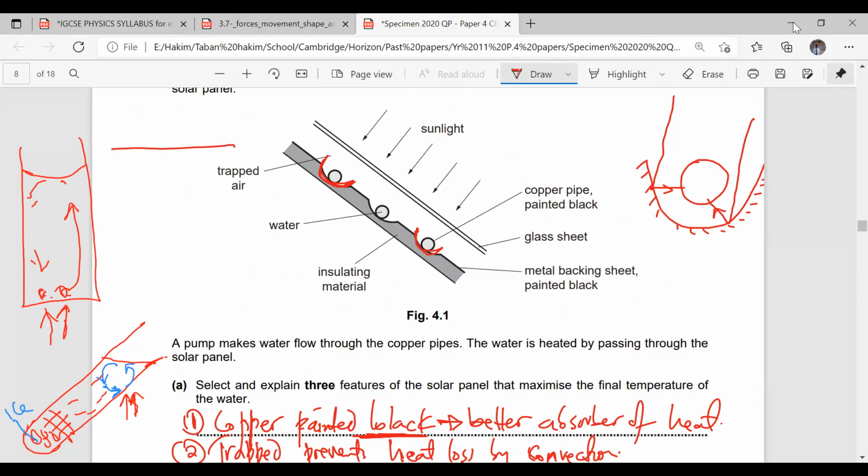The glass sheet and the trapped air, they work together. The glass sheet allows the heat to pass through, which heats up the trapped air, hence making the water hot.